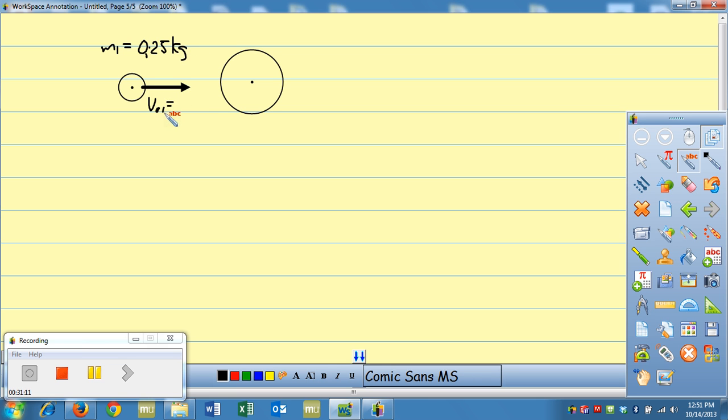V01 is 5 meters per second. And M2 is 0.8 kilograms. So let's make a new story. In this story, in the end, they're stuck together.